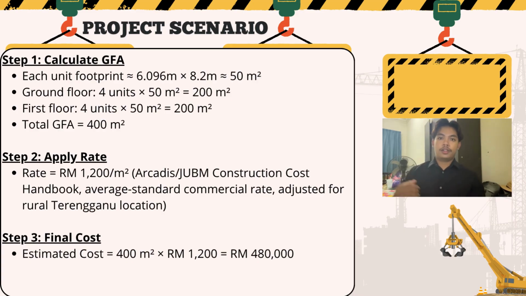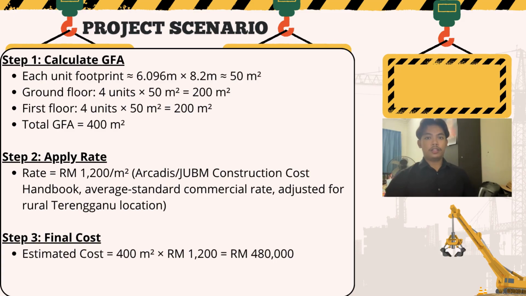Next, I applied a cost rate based on the RCADIS and JUBM construction cost handbook, and the average standard commercial rate is around 1,300 ringgit per square meter. And since this project is located in a rural area in Terengganu rather than in Kuala Lumpur, I adjusted the rate down slightly to 1,200 ringgit per square meter to reflect lower labour costs in the area.